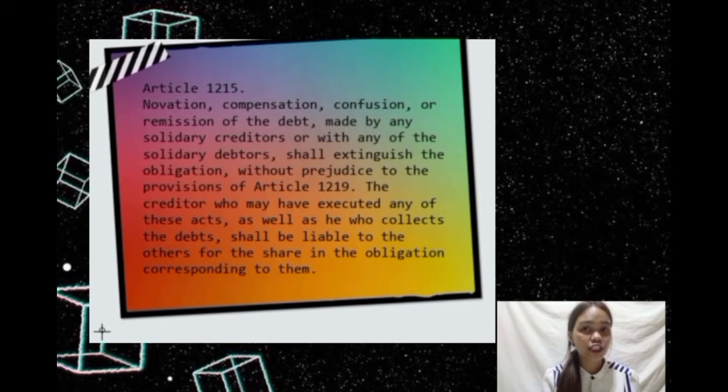The remission or condonation referred to in Article 1215 may be total or partial.